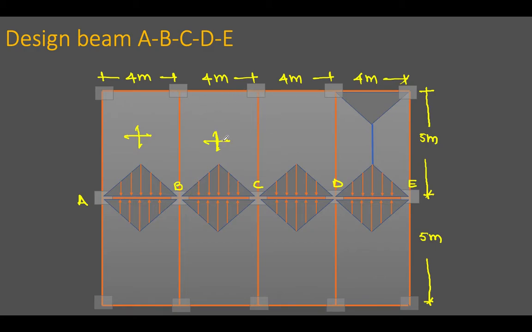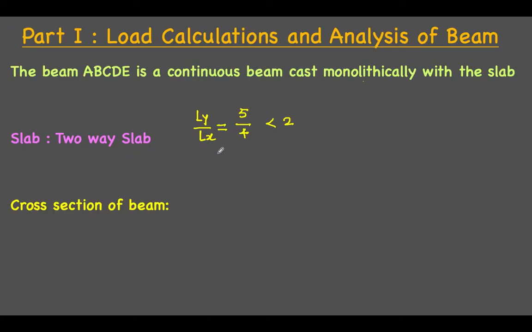If it is a one-way slab, then what's the case? In a one-way slab, we consider only one direction critical bending, and accordingly the total load of the slab is transferred only on two beams. But in case of a two-way slab, total load is transferred on all four beams, and that is why it is important to transfer the load of the slab on the beam.